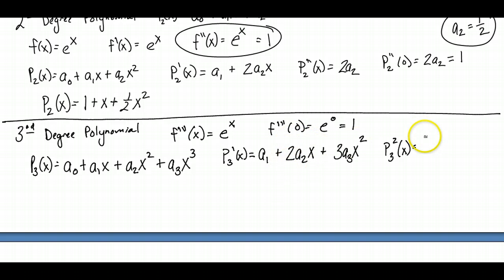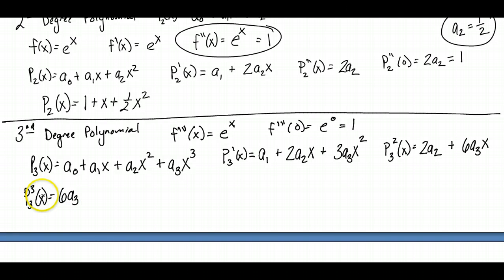This term, the derivative, is 2a sub 2 plus the derivative of this term is 6a sub 3 times x. Now as I look at the third derivative of my third degree polynomial, this is just a constant, so the derivative is 0. The derivative of this term will give me 6a sub 3.